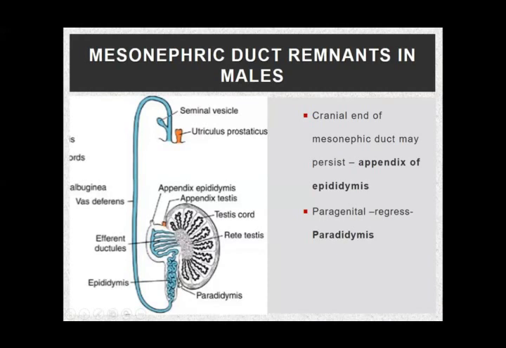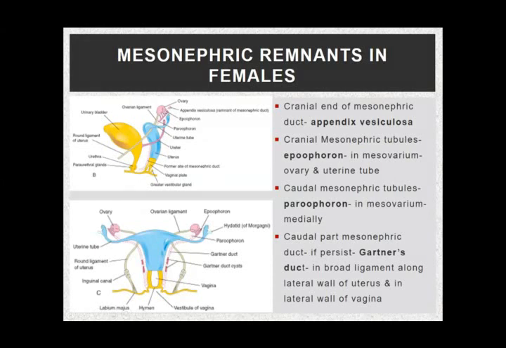They develop into a vestigial structure which is called paradidymis. This vestigial structure is lying between the epididymis and the testes, the paradidymis. Females में mesonephric duct regress कर जाती है, but a few remnants may persist.